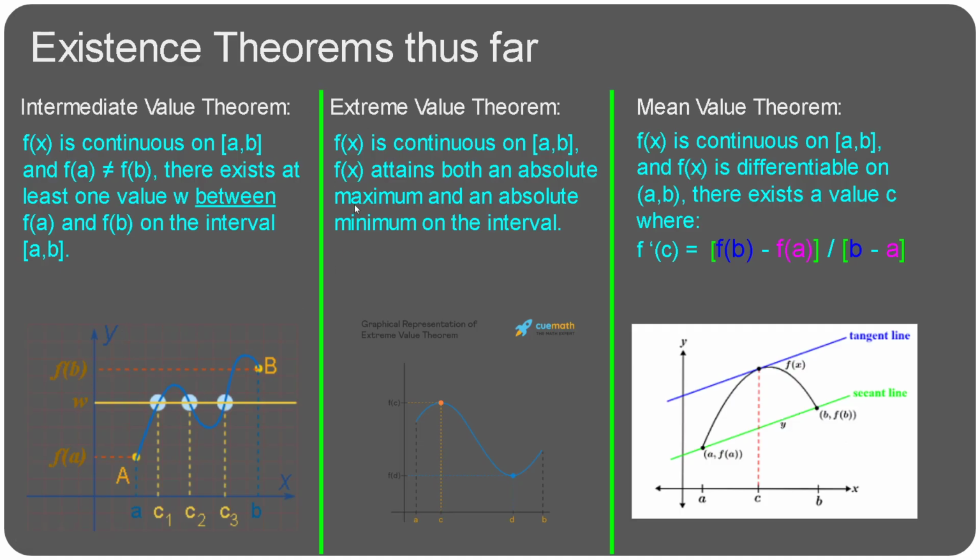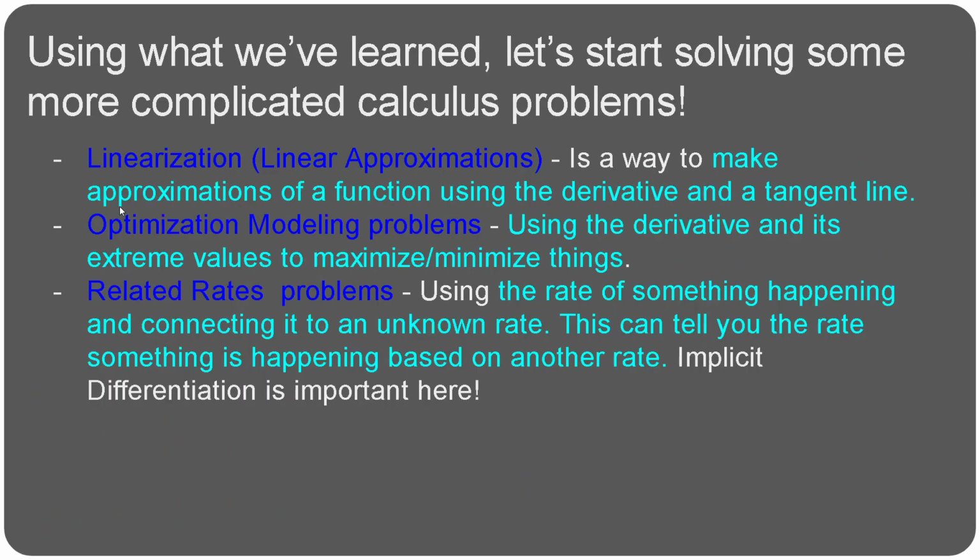And then the extreme value theorem: if f of x is continuous, f of x contains both an absolute maximum and an absolute minimum on the interval. Here's a little drawing of that. And then the mean value theorem, which we just went over, where the tangent line is equal to the average rate of change along an interval at some point.